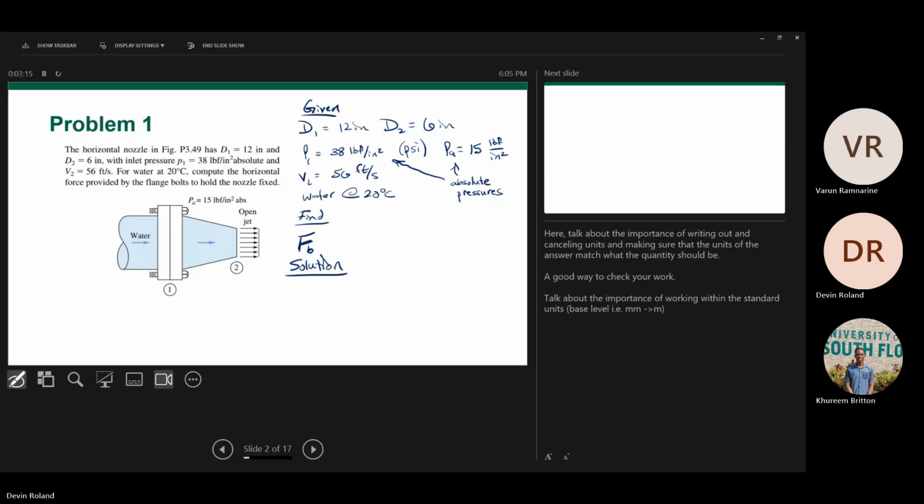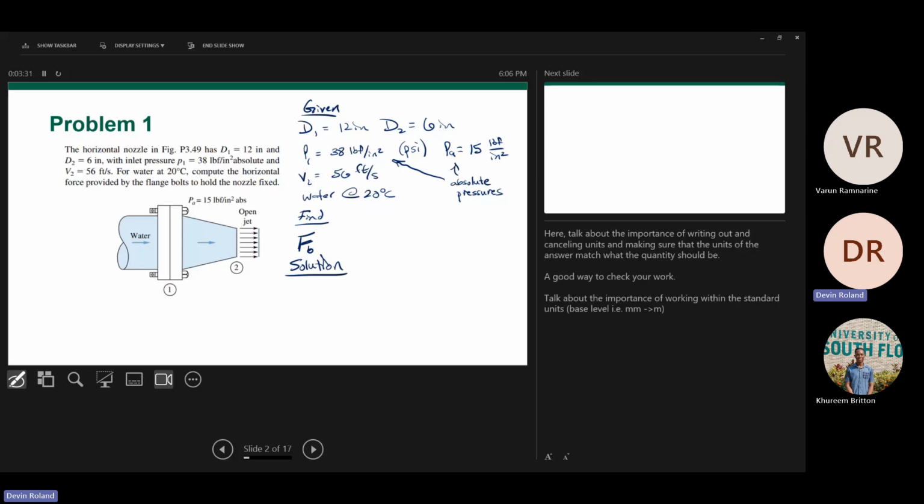So where I would start with this is to just write the F equals ma equation. In this case, that force is going to be horizontal, right?